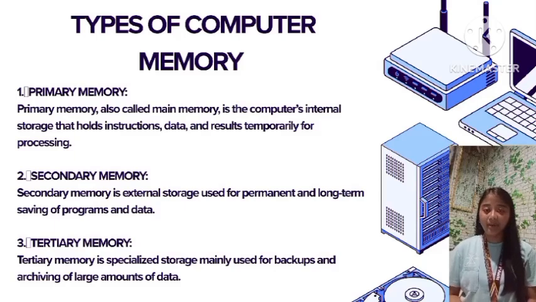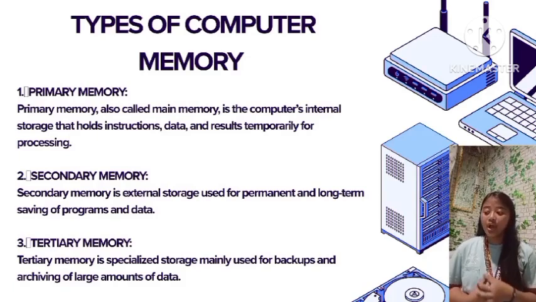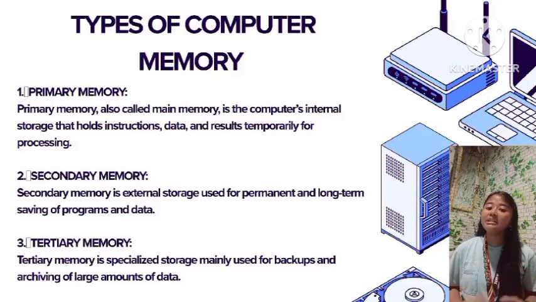Next is secondary memory. Secondary memory is external storage used for permanent and long-term saving of programs and data. Secondary memory is different from primary memory because it is non-volatile, which means the data does not get erased when the power of the computer is turned off.